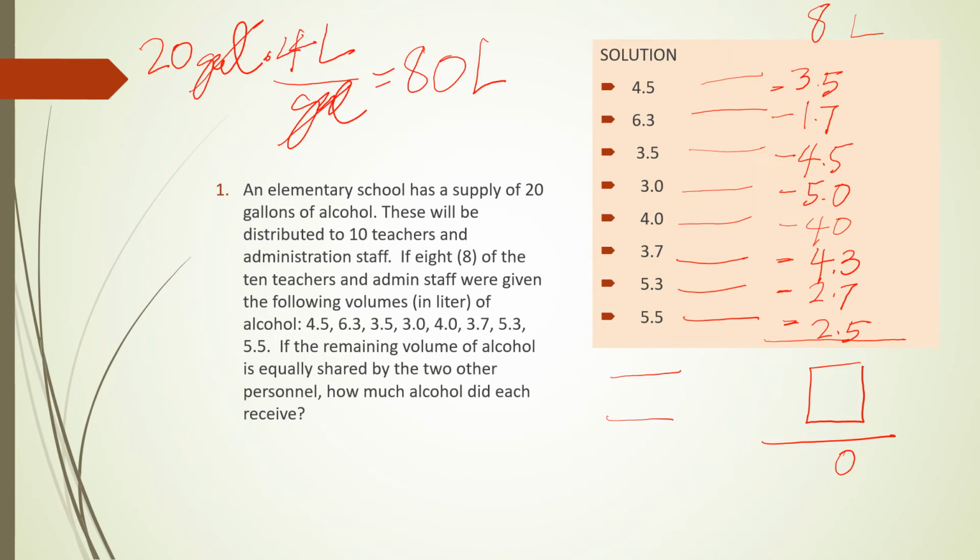So the reference value for the 9th individual and the 10th will be 8 liters. Okay, 8 liters. So we will have to be careful that we want to find the value of how much these 2 individuals equally shared in terms of the remaining volume of alcohol.